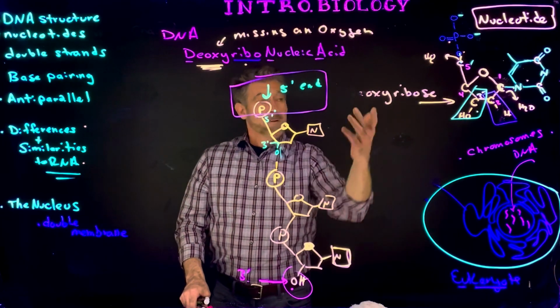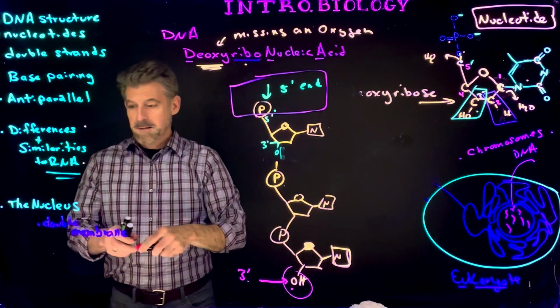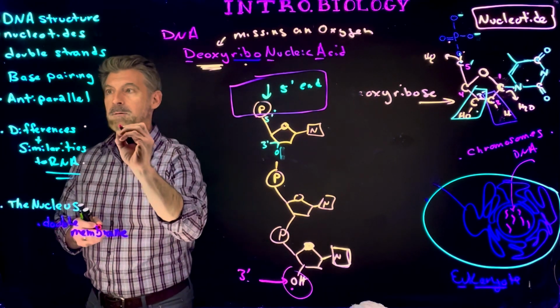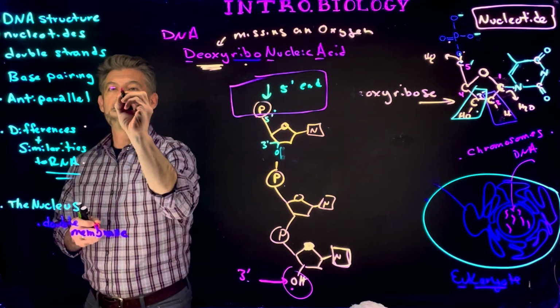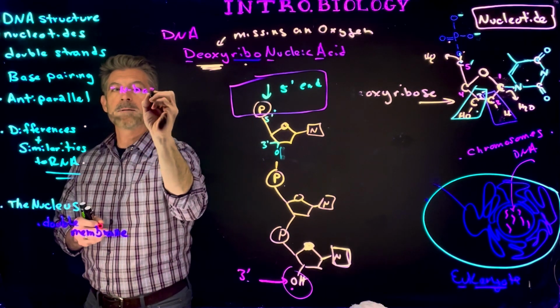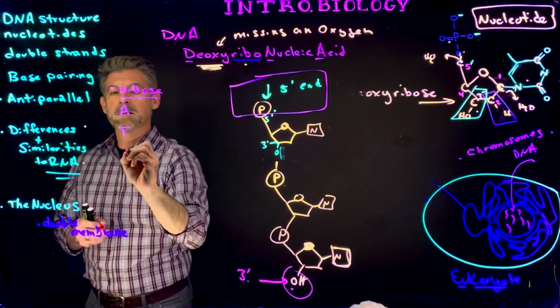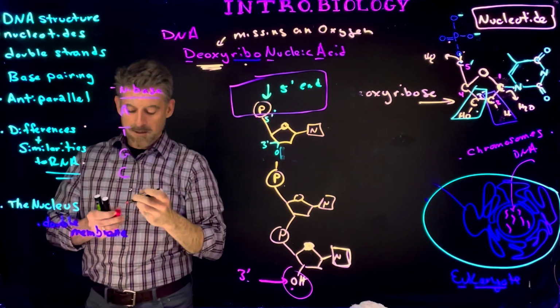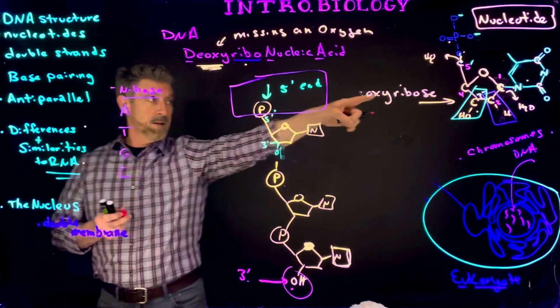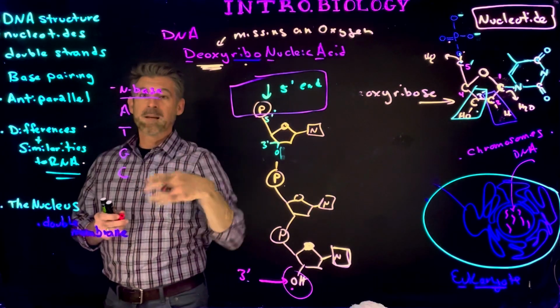The nitrogenous bases, which we'll just call bases, would be A, T, G, and C. But they're not just letters, they're molecules like this, and the letters stand for a name.